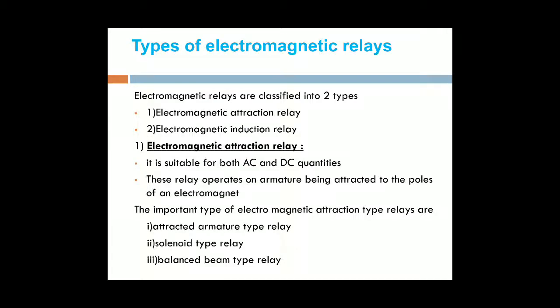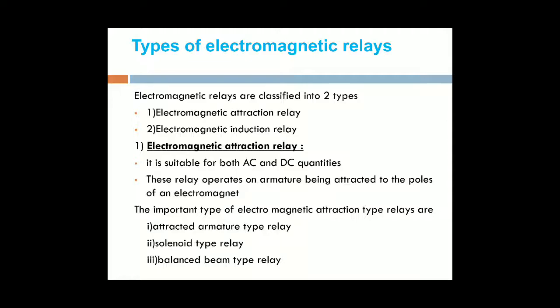Basically, the electromagnetic relays are classified into two types: the attraction type of relay and the induction type of relay. The attraction type of relay is applicable for both AC and DC quantities, and the induction type of relay is majorly applicable for AC quantities.